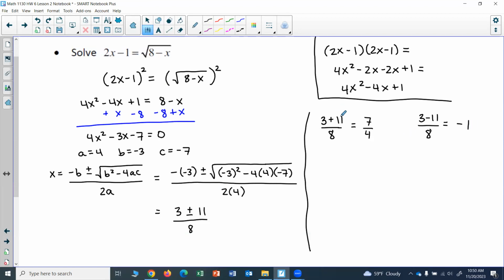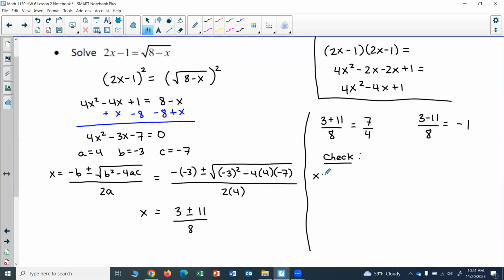All right, so we have 2 solutions here. And of course, these are x equals, so these are x values. And what we want to do is we want to check our solutions. Anytime you're solving a radical equation, you need to check.